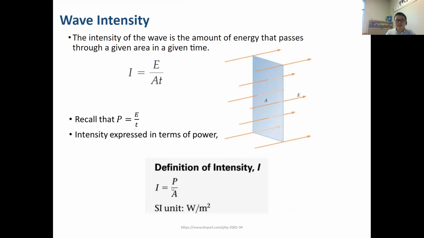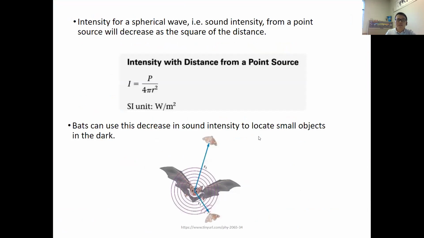Then intensity is equal to the power divided by the surface area. For a spherical wave that propagates three-dimensionally, the intensity for a point source is P divided by 4 pi r squared, the spherical area at a distance r away from the source.